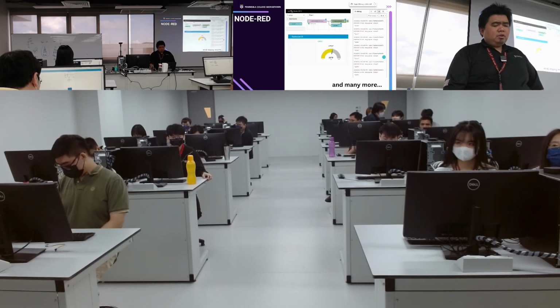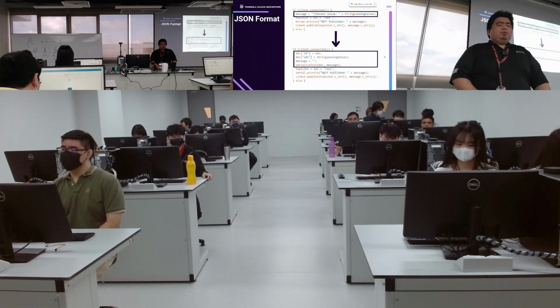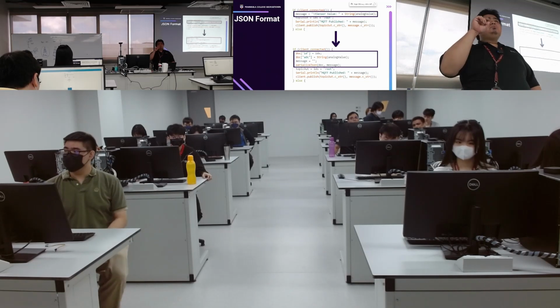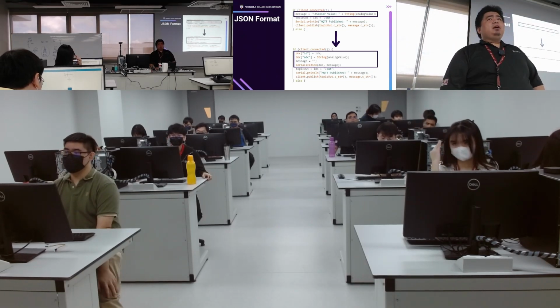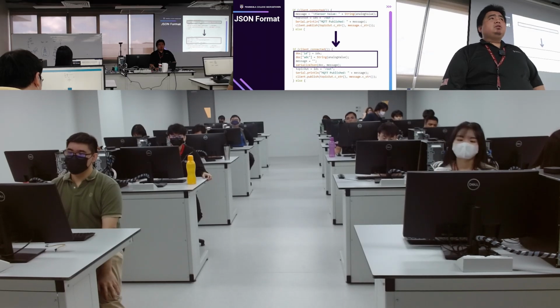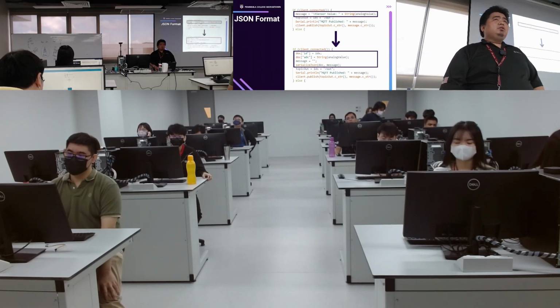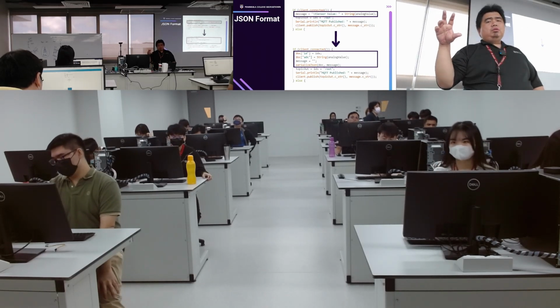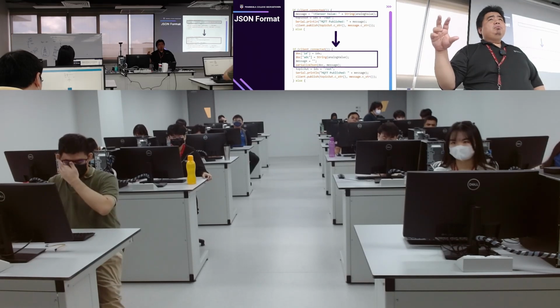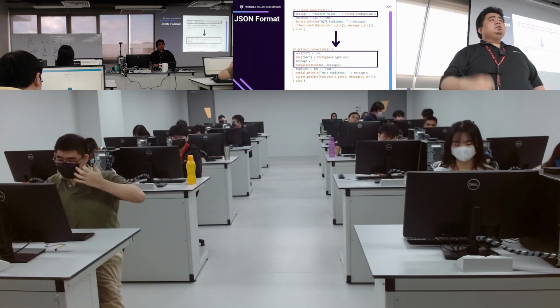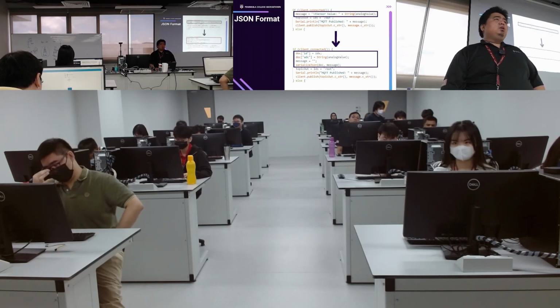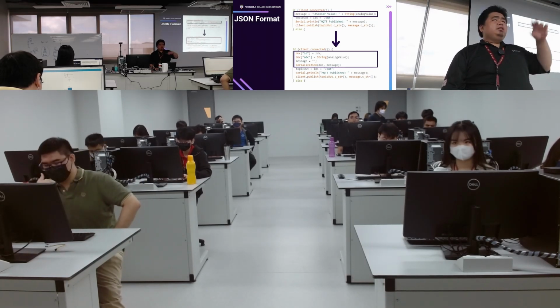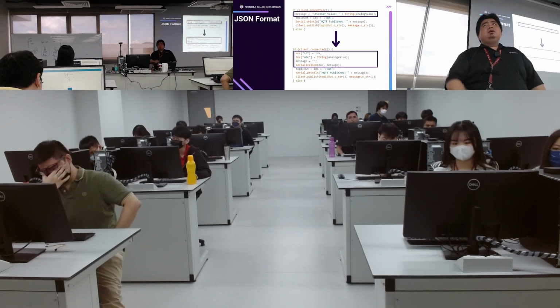Okay, so previously we faced some problem when we put a text in front of the analog value. This is because the gauge that we want to develop can only be measured by numbers, right? But we still want to display text for other purposes, for example like a screen.